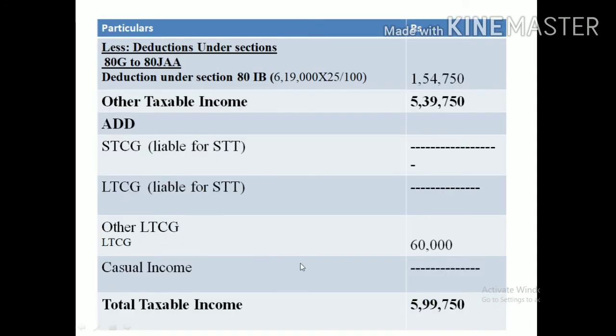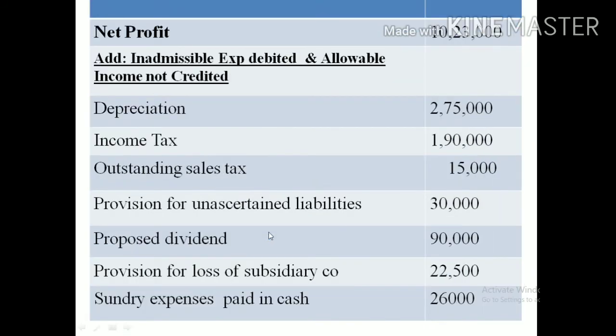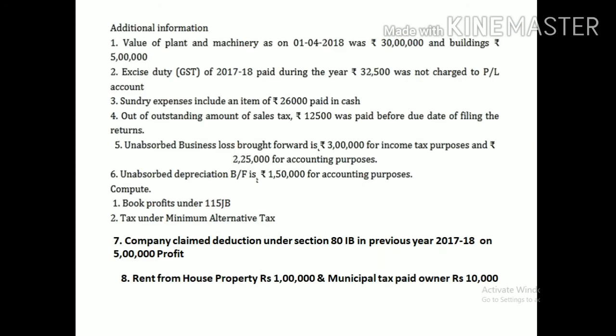So here we have only one deduction, that is under section 80IB. So here 80IB, please observe the problem. They give one like this, or they give one in that last year the company claimed deduction, 2017-18, okay, in that year profit is 5 lakhs, so this year 18-19 we should claim that.